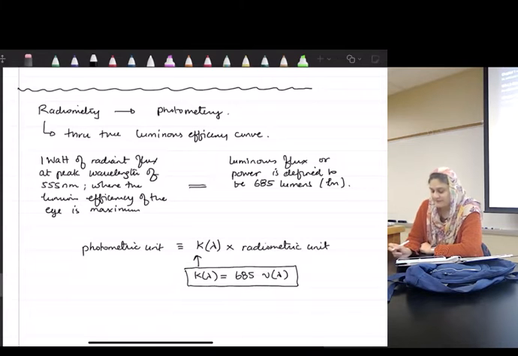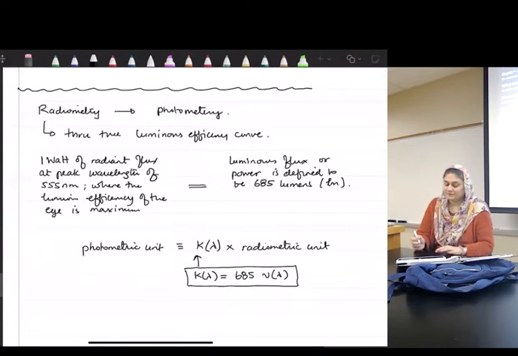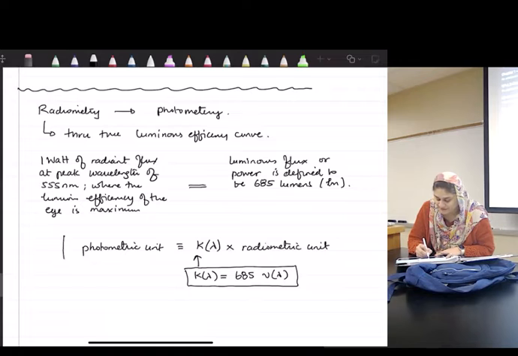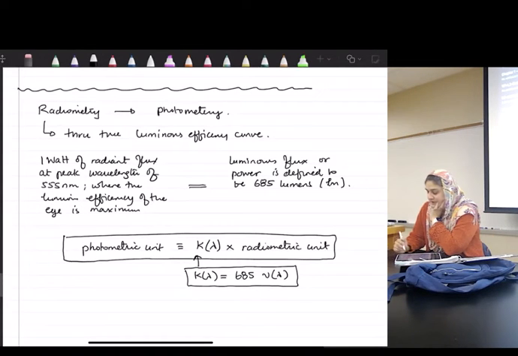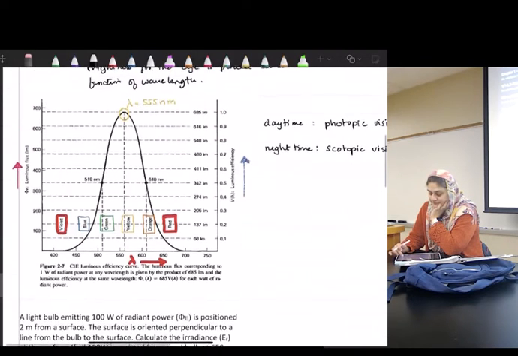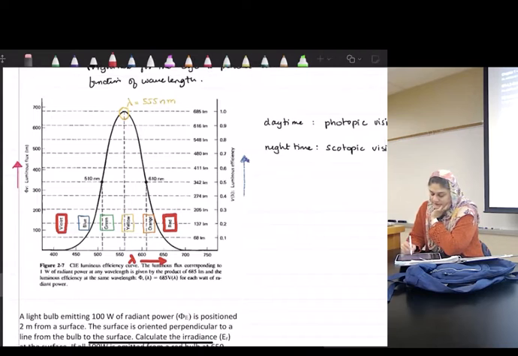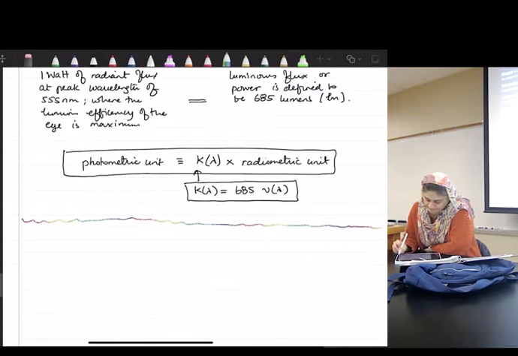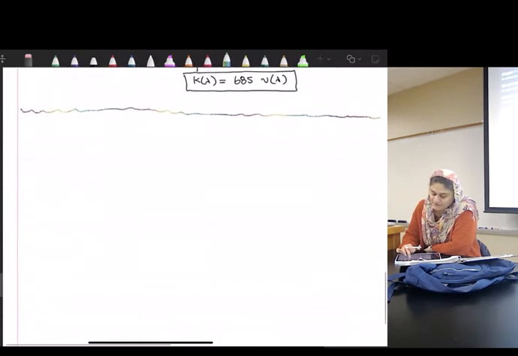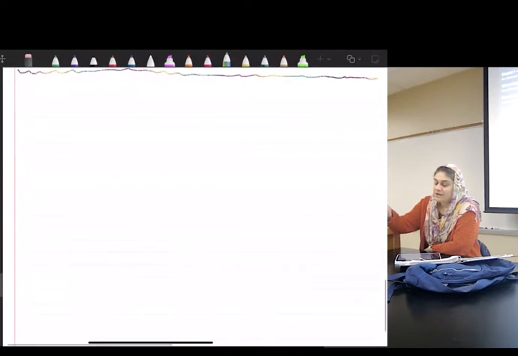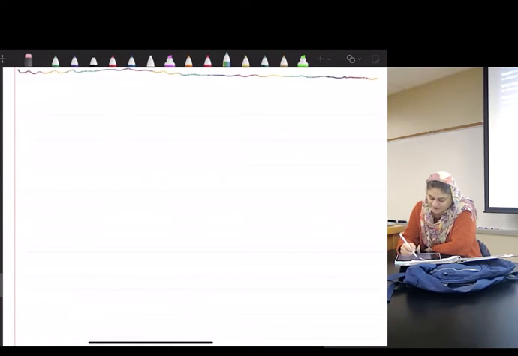And where do I find this V of lambda? So write this down and I'll show you how this is done. That's the efficiency from the curve, this one. So if you look at here, that's V of lambda. That's not volume, that's the efficiency. Okay, so how do I convert radiometric unit to photometric unit?